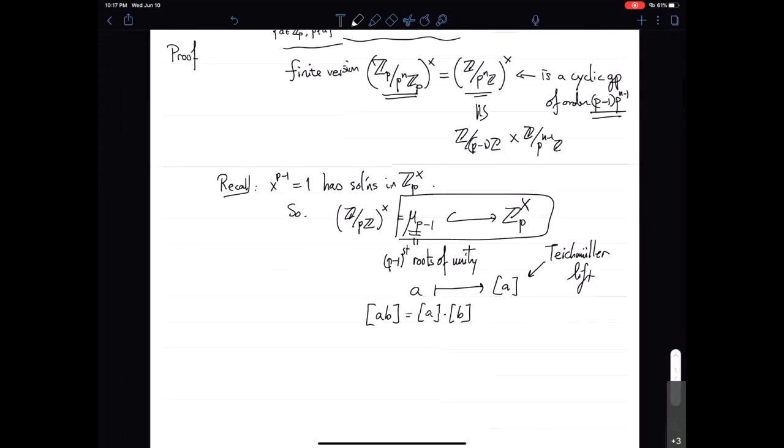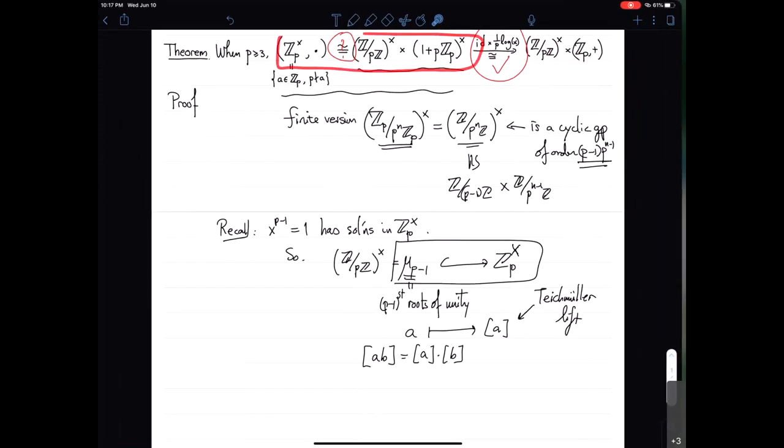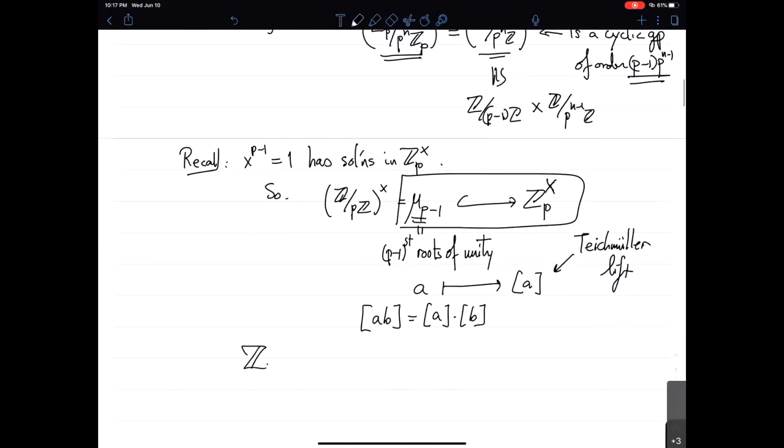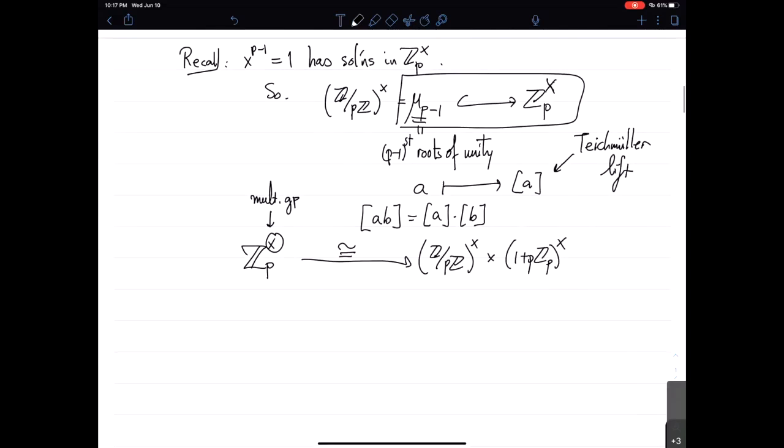Now our goal is to relate these two. So let's write down the isomorphism between the two. Maybe I should point out, I wrote upper cross on the ring to mean invertible elements, and it's a group under multiplication. So I want to construct an isomorphism this way.